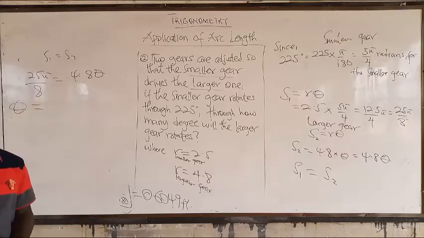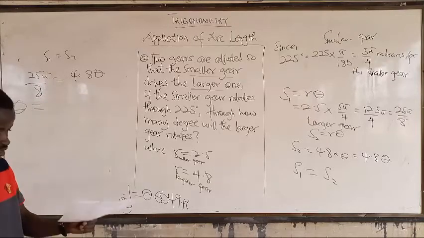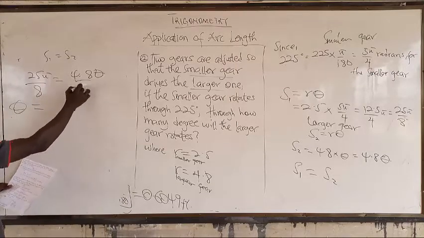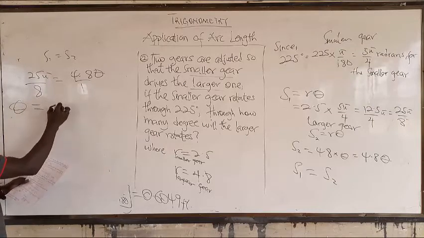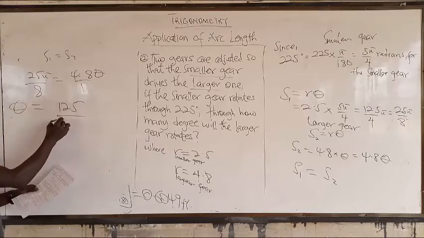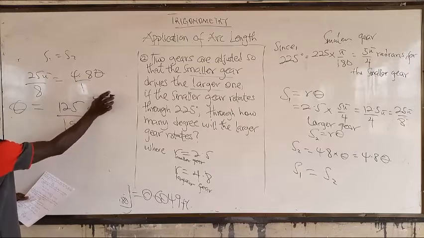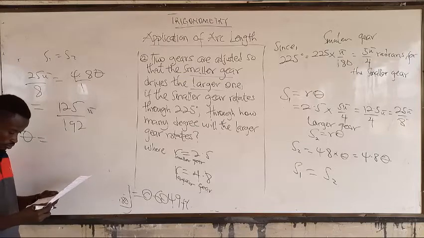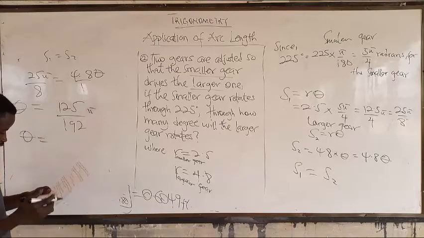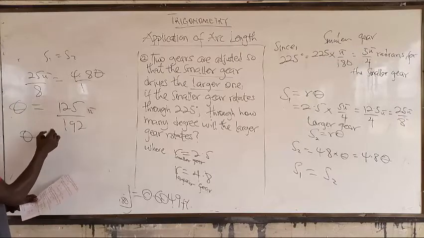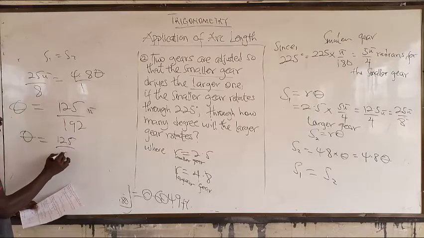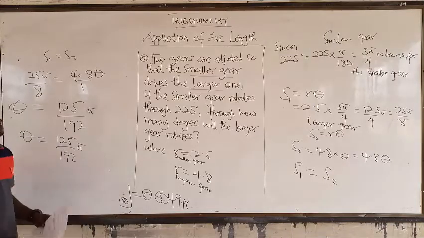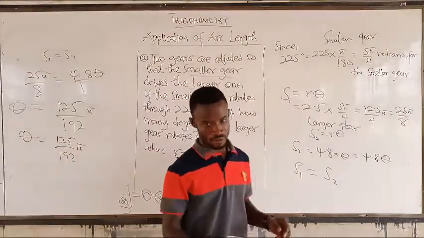So to get theta, I don't have a calculator, that's why, when you do cross multiplication, I'm going to get 125 over 192 pi. So we are going to get theta to be equal to, okay, let's leave it at 125 pi over 192. So this is the radian measure for the angle for the larger gear.